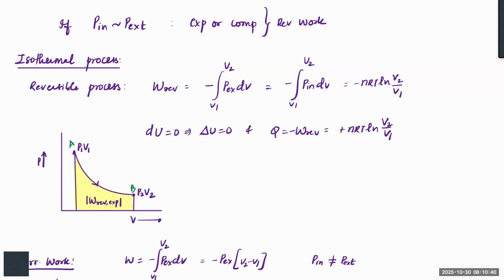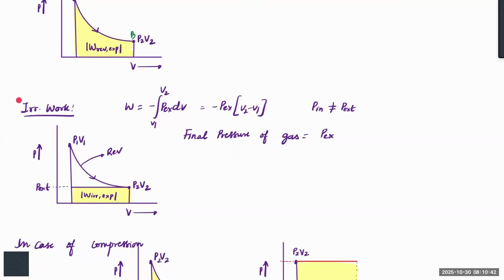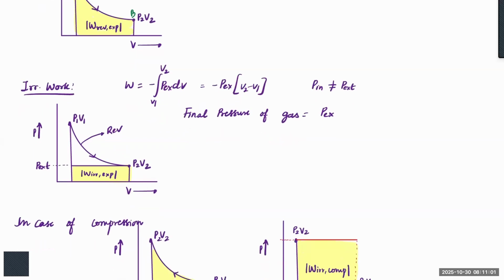And next, you see what the irreversible work done is. Work is equal to minus integral V1 to V2 P external into dV. So minus P external times V2 minus V1. Here P external is not equal to P internal. Suppose you're going from A to B, but this time irreversibly.